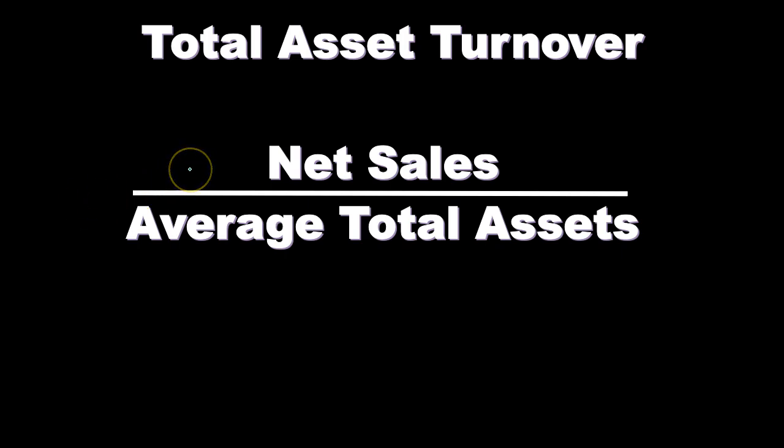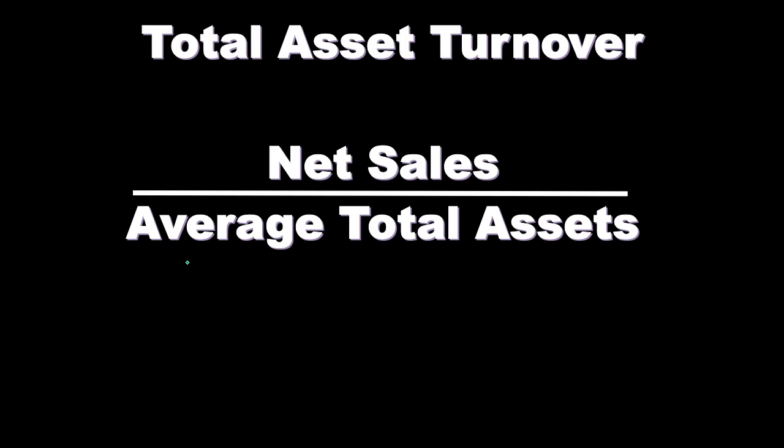Income statement being a timing account, so this represents how we're doing over time, and we're comparing that sales, basically the goal of the company to generate revenue, to the average total assets. These are all the assets. We're taking a look at everything that the company owns as of a point in time. And remember, as of a point in time means on the financial statements as of the end of the year.